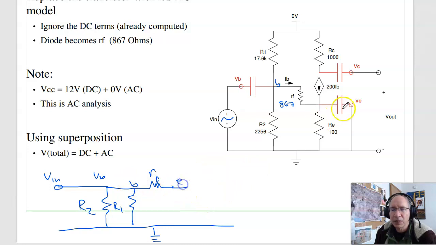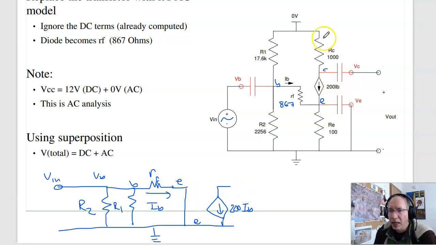And I find it really helps to label the nodes. At the emitter, emitter is tied to ground through that wire. And the emitter is also tied to the collector through beta IB. This is also the emitter. 200 IB. IB is the current base to emitter, so that's IB.